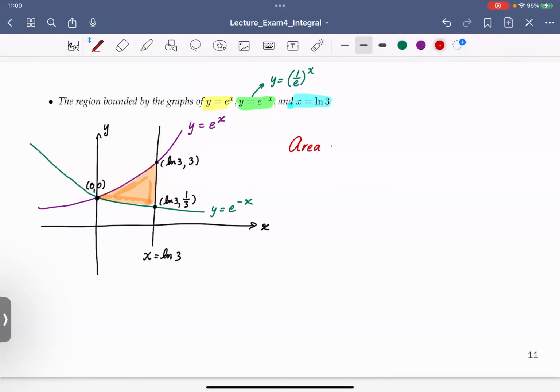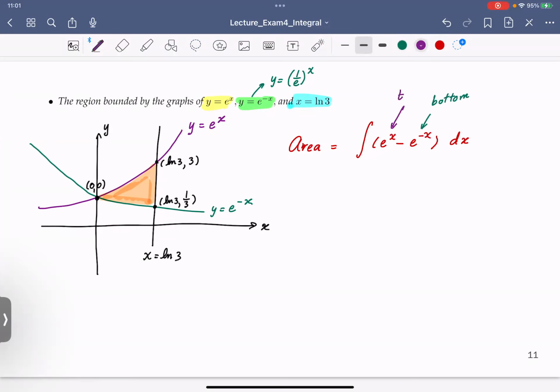So now what is going to be your area? You do both dx and dy. Let's do dx first. This is the easy one, because every time you draw a vertical line, you start from the bottom curve and then you hit the top curve. The top curve is e to the x, the purple one, and the bottom curve is e to the minus x, the green one.